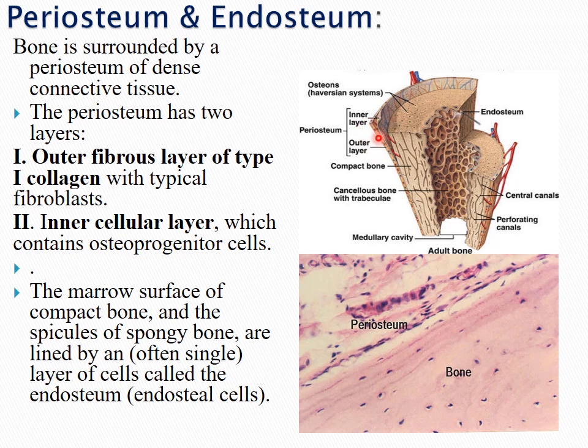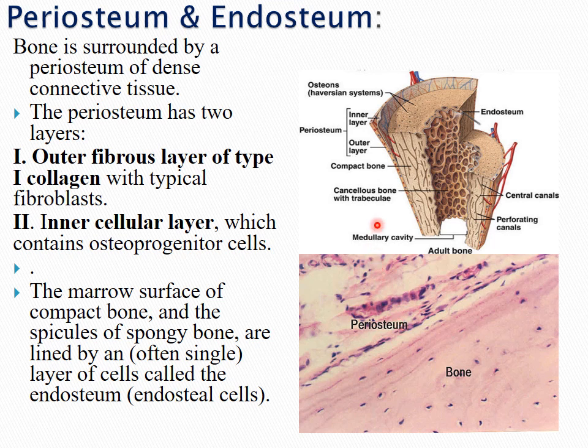The outer layer is a fibrous layer which is composed of the collagen fibers with the typical fibroblast cells, and the inner layer is cellular, composed of the osteoprogenitor cells. Now you can see here in this photomicrograph, this is the periosteal layer composed of the dense collagen tissue, and these are the fibroblasts, whereas the inner layer is cellular and composed of the osteoprogenitor cells.